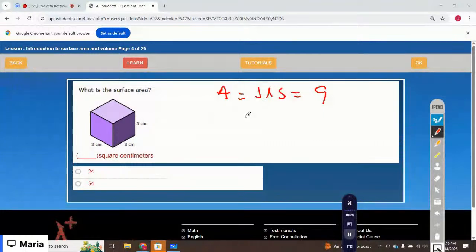So the surface area of all the six faces is 6 times 9. That is 54. So the correct option is 54.